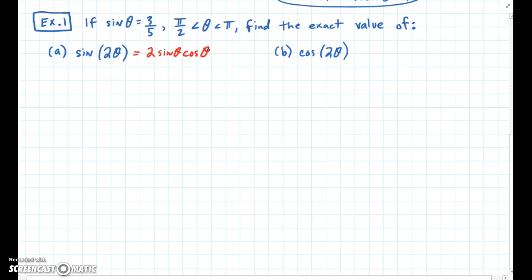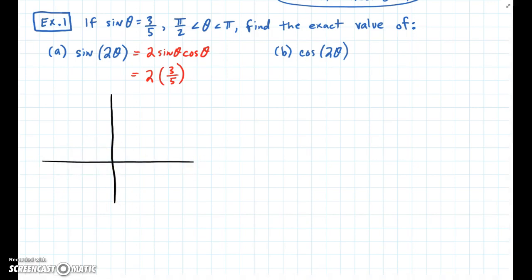We already know sine theta is 3/5, and to find cosine theta, we look at the unit circle.